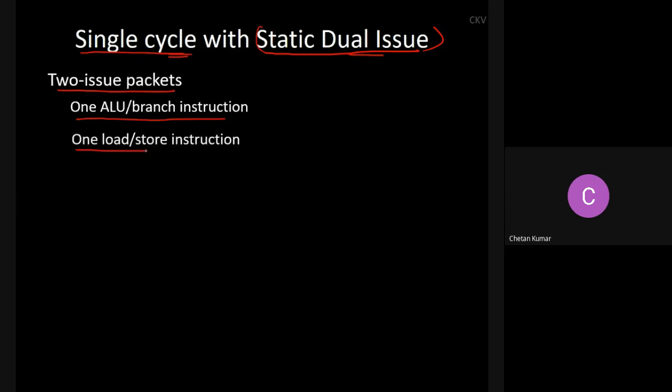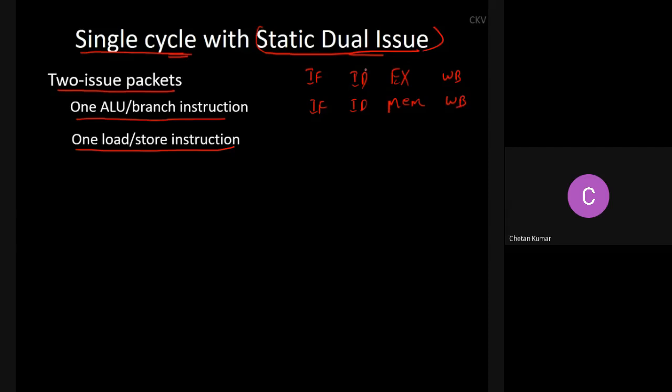Okay, so we'll assume that there are 2 issue packets. Issue packets will group in such a way that one of the instructions is an ALU or a branch instruction, and the other instruction is a load or store instruction. Meaning, as I told you, there are 2 IF blocks and 2 ID blocks, but then there is one EX and one memory which can work in parallel, and then you have 2 write back.